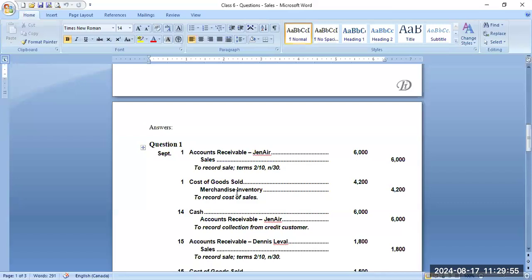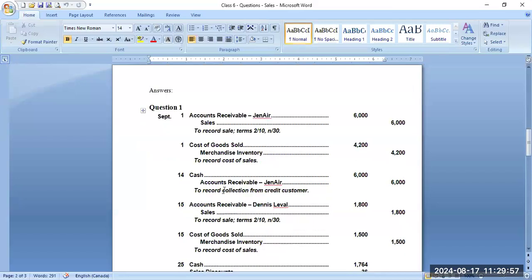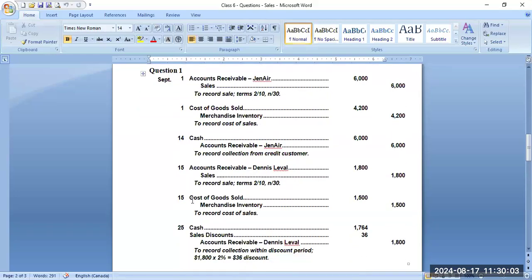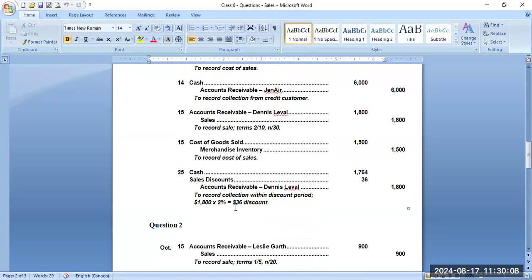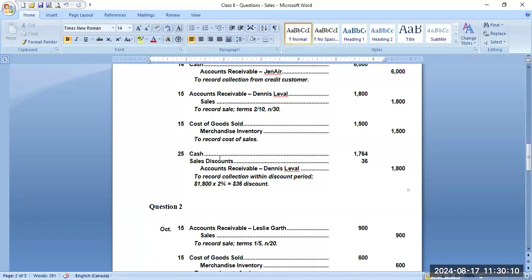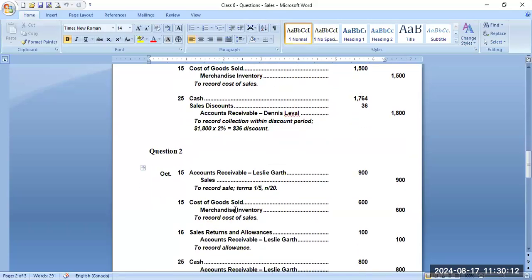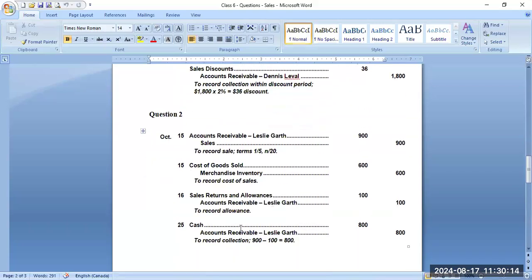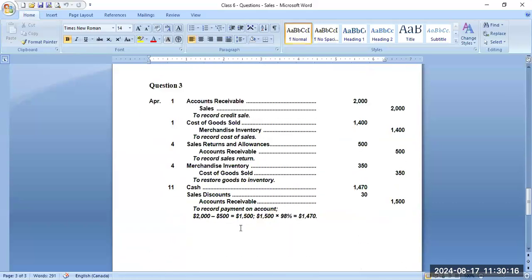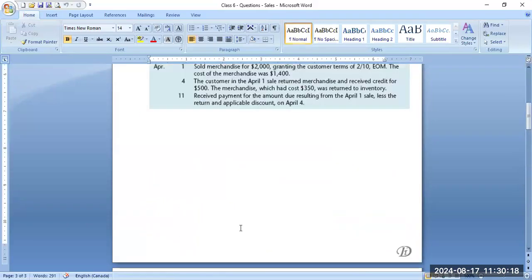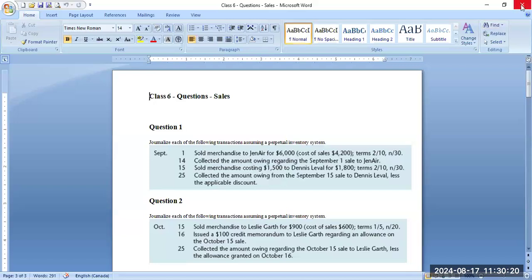Accounts receivable, then you have cost of goods sold, then again accounts receivable and sales, then you have the return to merchandise inventory, sales discount on the payment, sales return allowances. Spend a little bit of time on those questions and let me know if you have any problems with those.